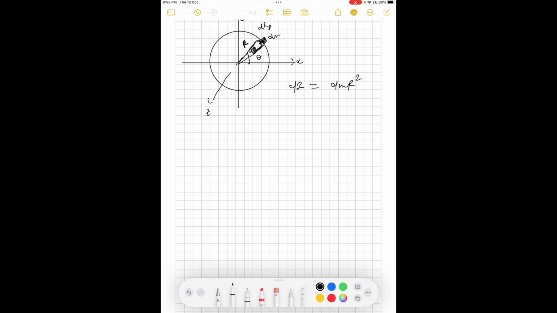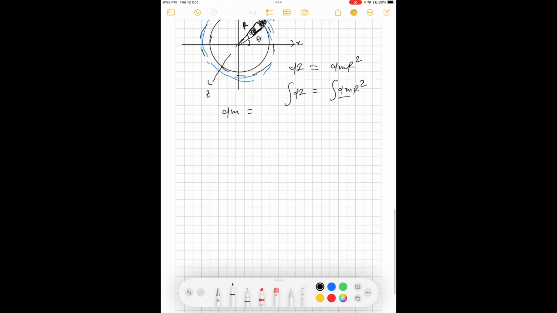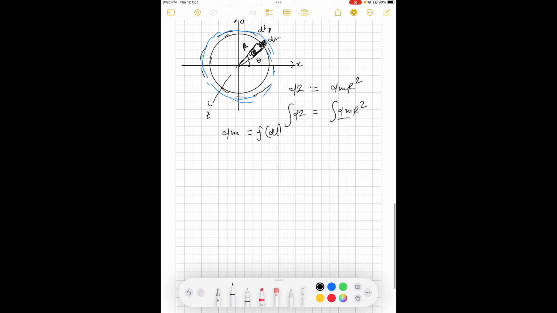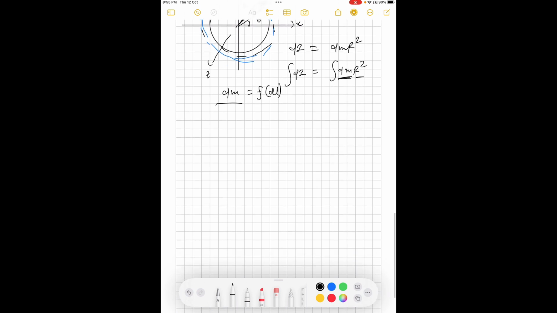And now I want to calculate the whole moment of inertia of this ring. So I will use integration. So integration dI is dm r square. dm will be related to dl, because I have to relate this dm with this r square. Okay, because dm and r square are just two different things, and I've got integration, so somehow I have to relate them. How to relate them?